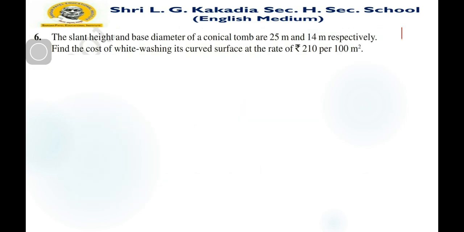Example number 6. The slant height and the base diameter of a conical tomb are 25 meter and 14 meter respectively.